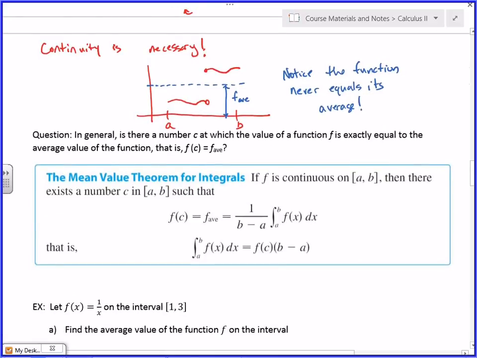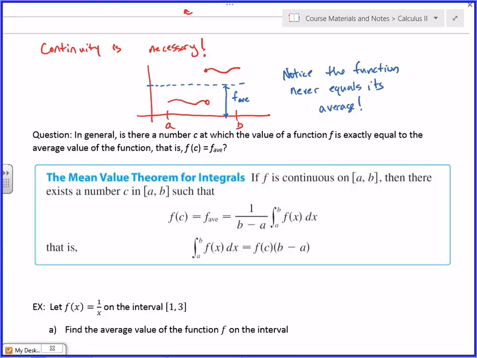If you looked at the high and the low and found the average temperature on a given day, you know that the temperature at some point in the day was equal to that average. If you're driving from one place to another and you calculate your average speed over that distance, at some point you were driving at that average speed, because the velocity of your car can't jump like that curve did right there.